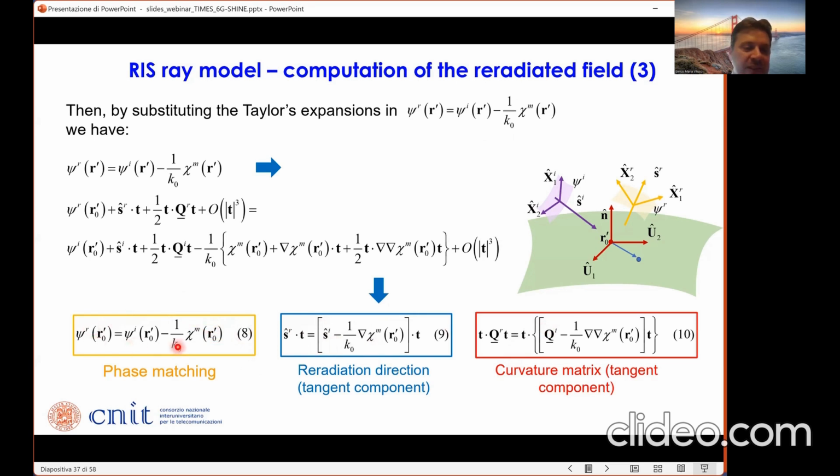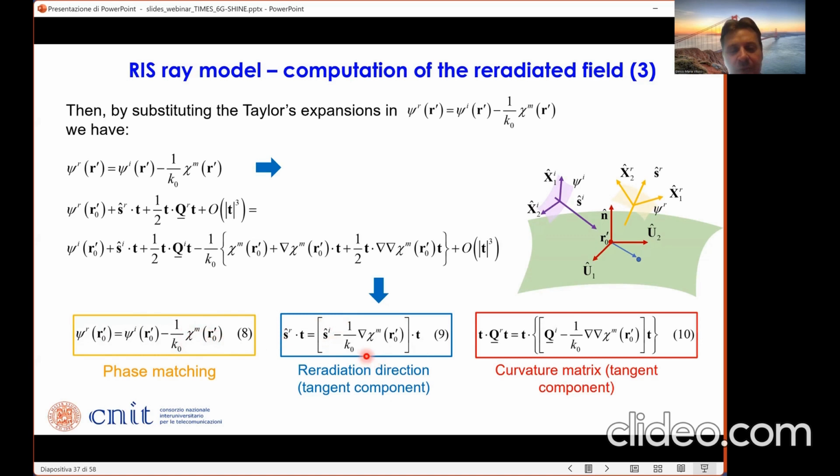The first relation is trivial. It is simply the phase matching of the waves and the phase of the RIS at the reference point R0 prime, while the other two are very important.